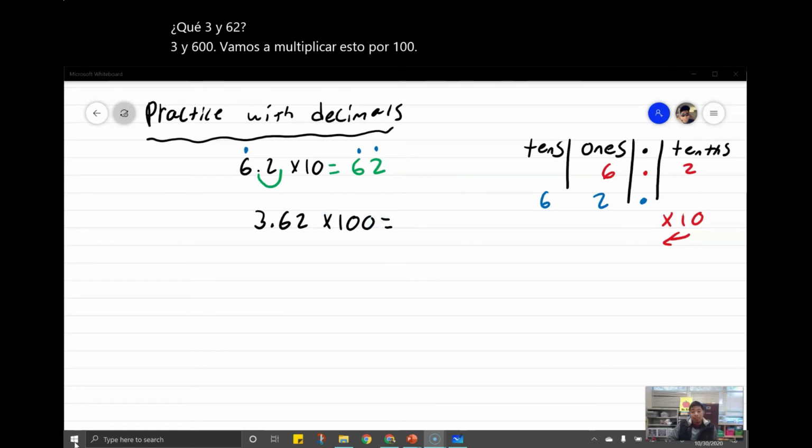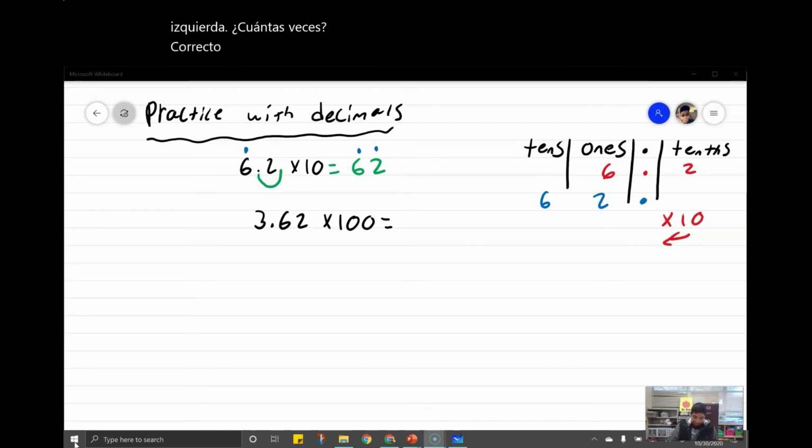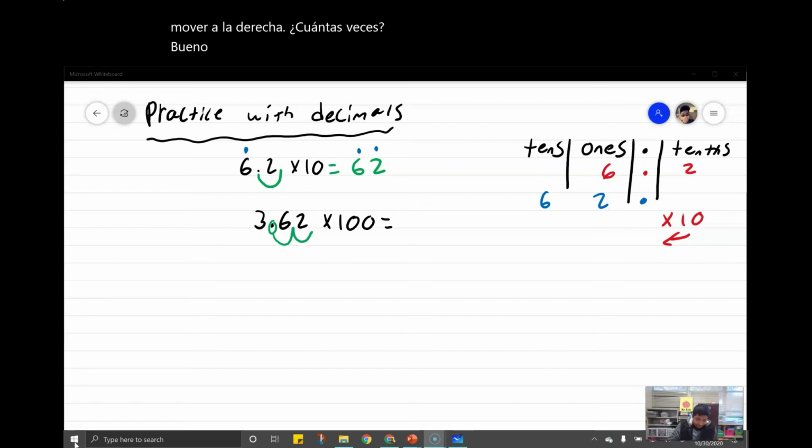So if I'm gonna multiply it by 100, that means I'm gonna move it to the left. How many times? Good, 2 times. Okay. So that means I'm gonna take my decimal and I'm gonna move it to the right. How many times? Good, 2 times. So 1, 2. So that means that decimal goes behind the 2. And let's see what this looks like.